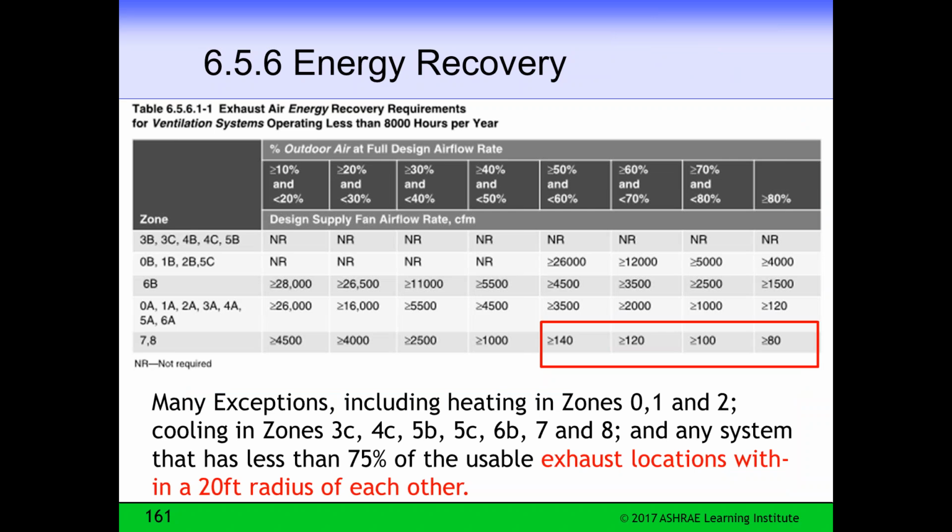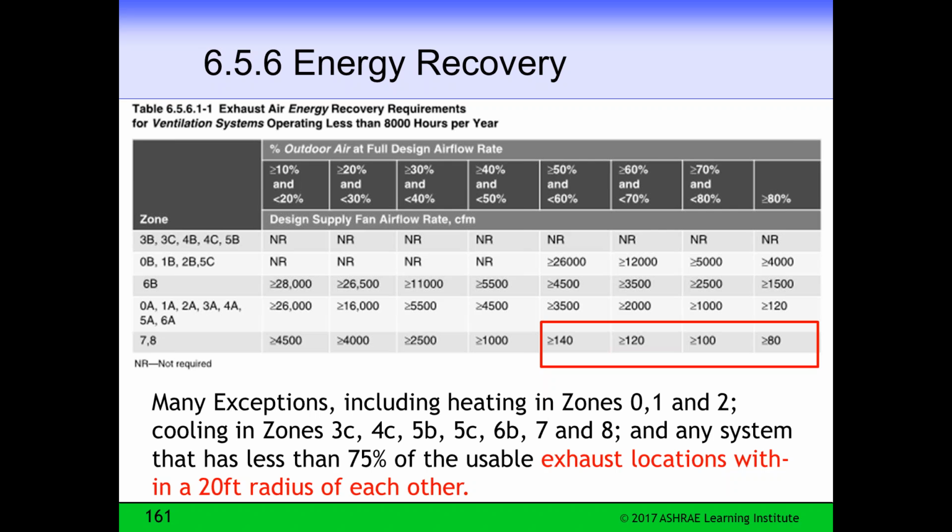If you're between, let's say, 20 and 30% outside air, across the top of the table, and your design supply fan airflow rate in climate zones 0A through 6A is greater than 16,000 CFM, then you have to put energy recovery in the space.